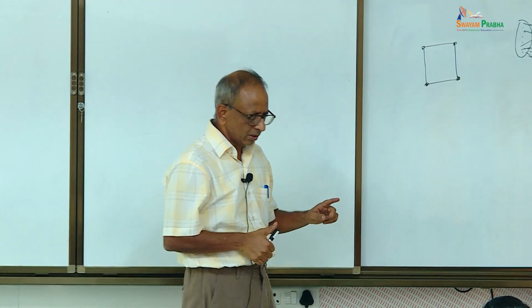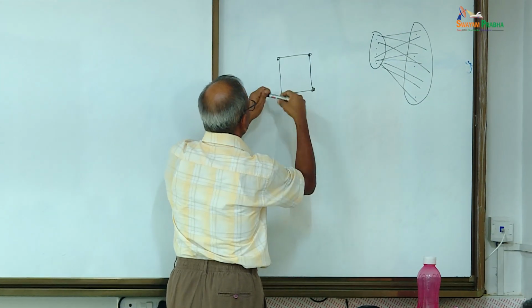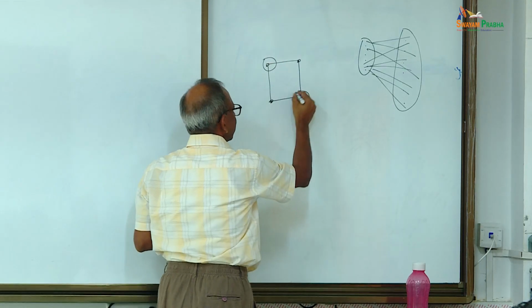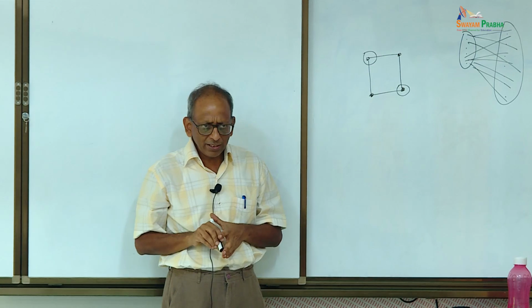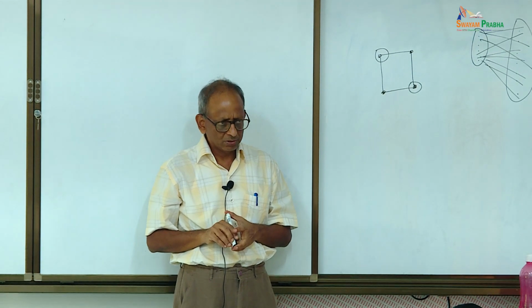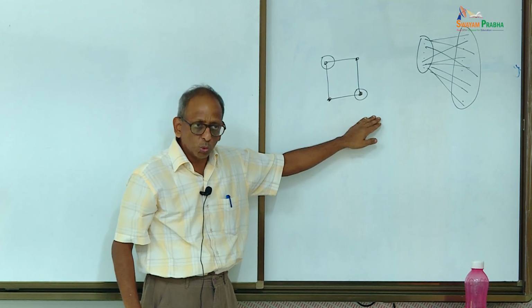With two. If you take this vertex and this vertex, all edges are covered. Can you do it with one? No. So the minimum vertex cover has size 2 for this graph.